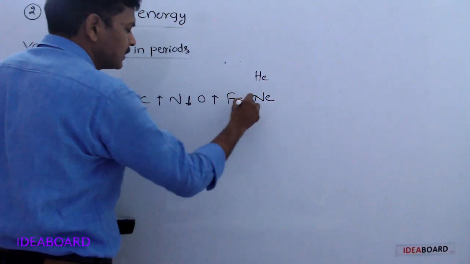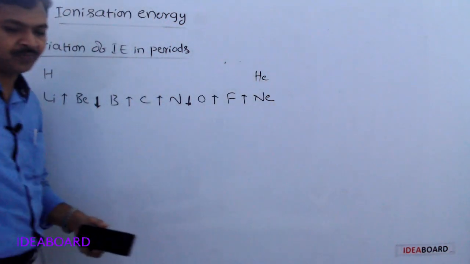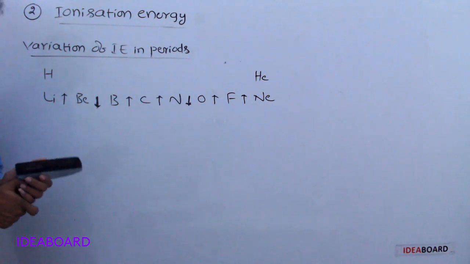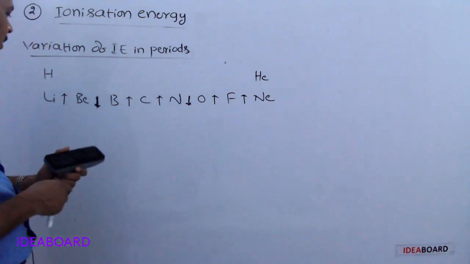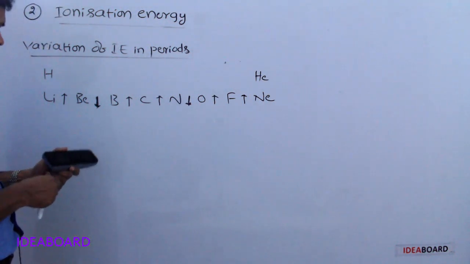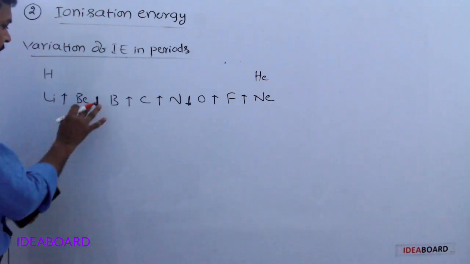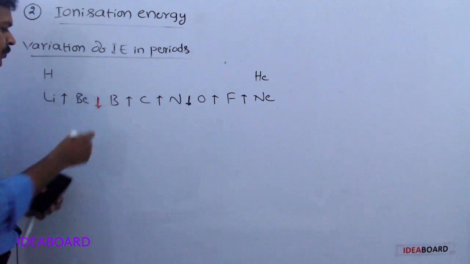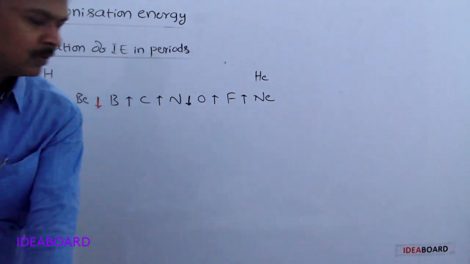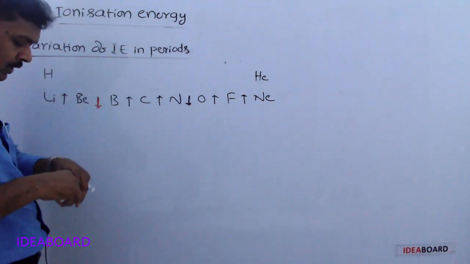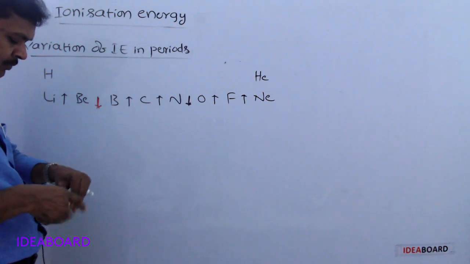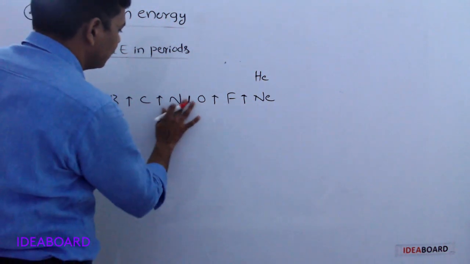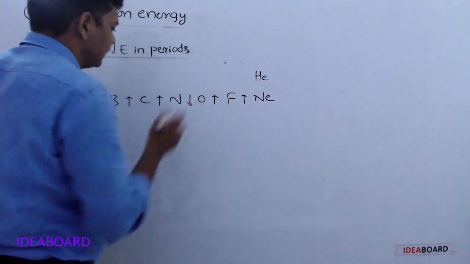Oxygen to fluorine increases, fluorine to neon increases. So from beryllium to boron and from nitrogen to oxygen, IP decreases.